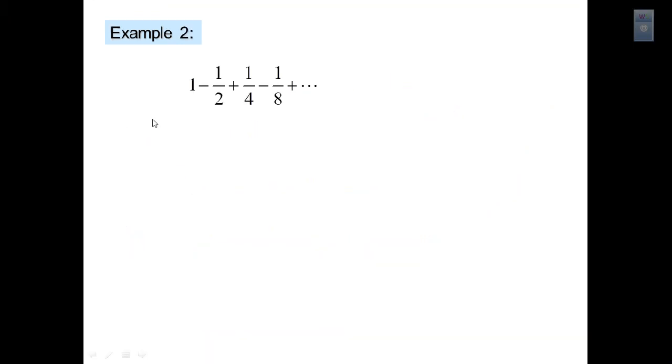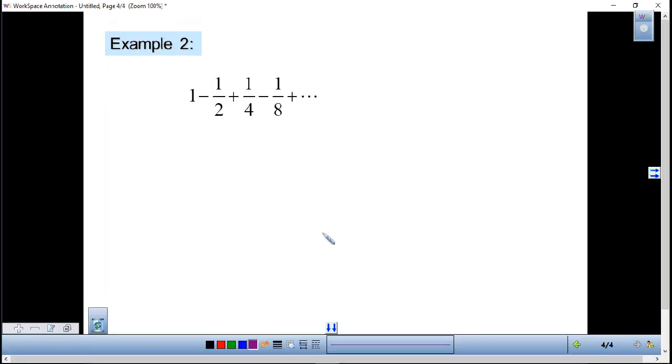All right, example 2, we've got 1 minus 1/2 plus 1/4 minus 1/8 plus ... So if we want to find what this thing actually is, well, we don't have to always write the series like this. I'm just writing it so you can kind of see what's going on and how you would do it.